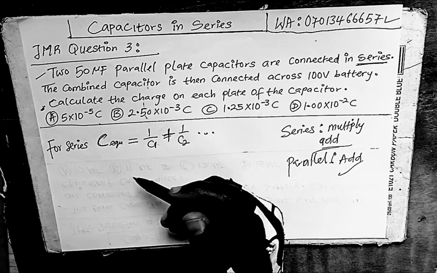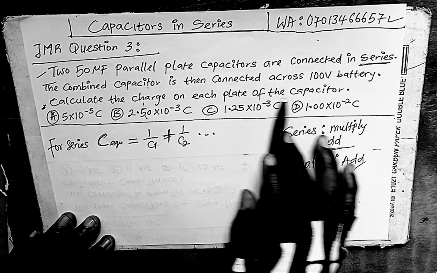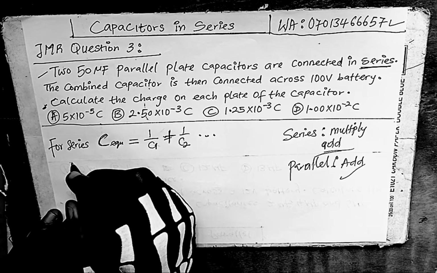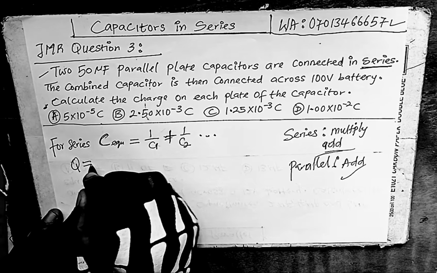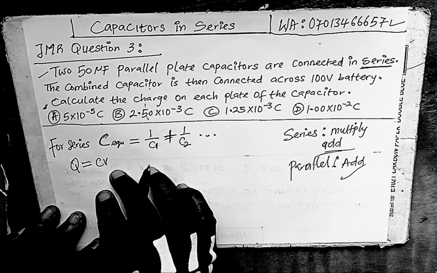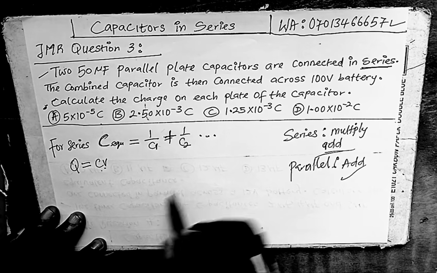Continuing with this, remember they told us to calculate the charge on the plate of the capacitor. The formula for charge, Q, is Q equal to CV, capacitance times volt. Looking at the question, what were we given?